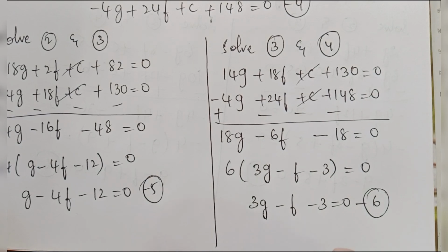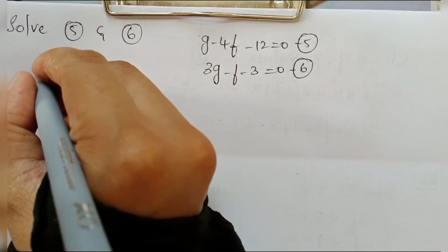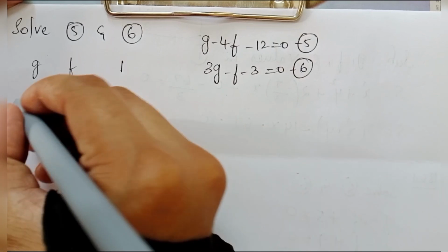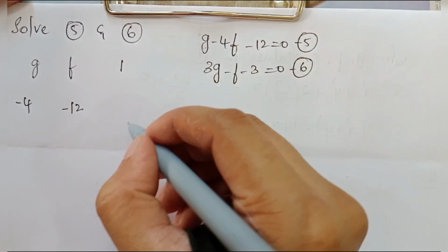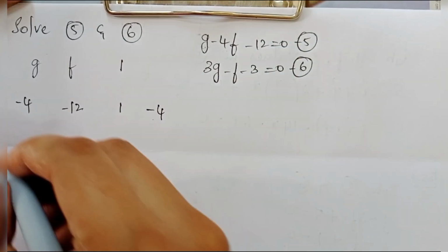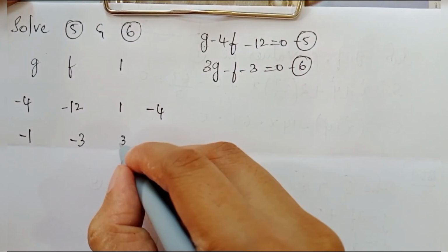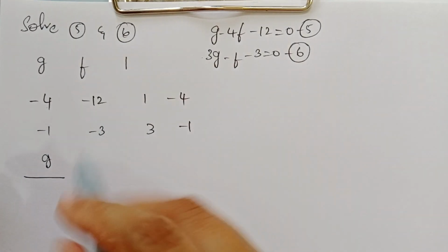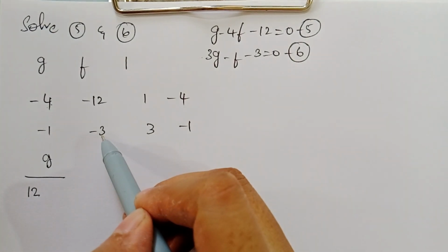Solving 5 and 6 now. Solving equation 5 and 6, so it is g, f and 1. Starting from the coefficient of f, it is minus 4, the constant minus 12, and the g coefficient 1, and again minus 4. Similarly for equation 6, it is minus 1, minus 3, the g coefficient 3, and f again minus 1. So minus 1 into minus 12 is plus 12, and minus 4 into minus 3 is also plus 12.